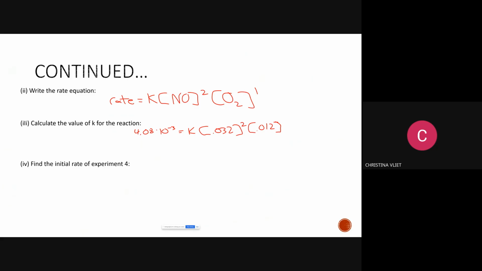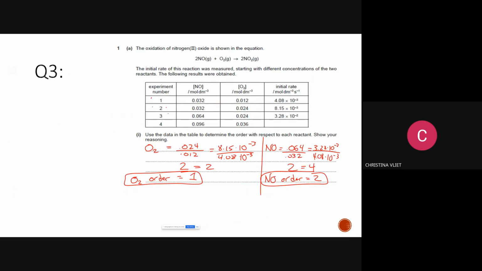Yes? How can we give NO the power 2 exponent because of the number in front, even though in the bell work we didn't do that? Oh, never mind. The orders too. We're using the orders here to come up with the rate law. It does not have to do with the numbers in front here.